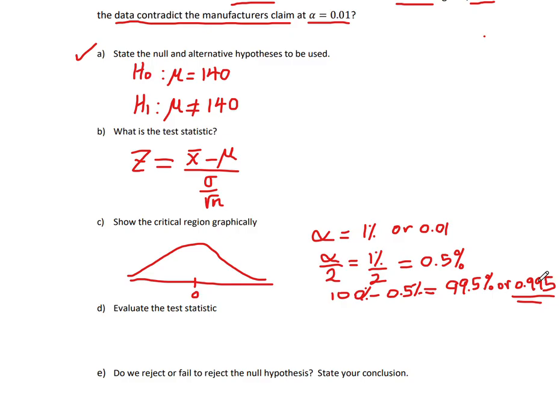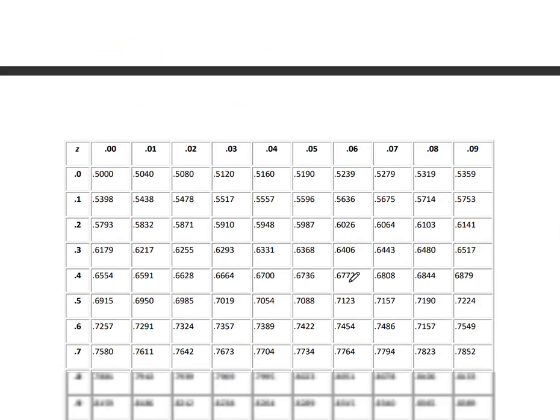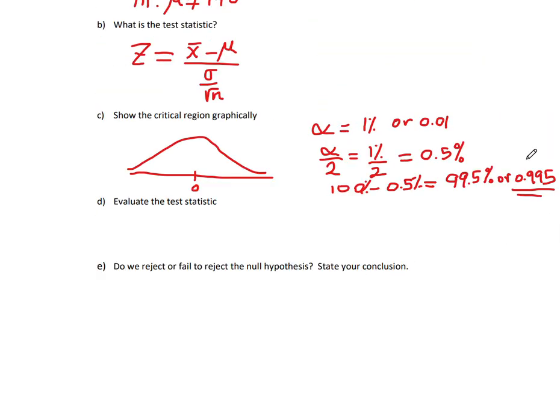This is the probability value that we will need to search for in the body of the standard normal table. So I'll scroll down to the standard normal table here, and I'm going to be looking in the body of the table for the probability value of 0.995.